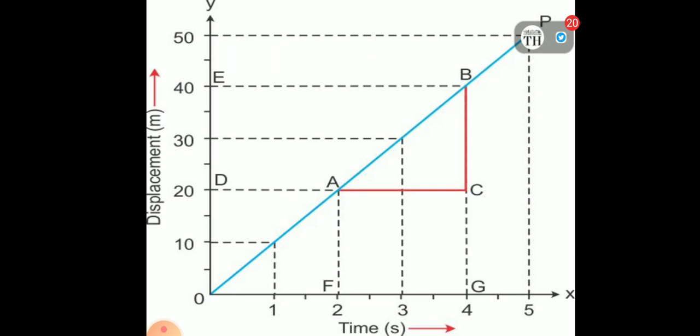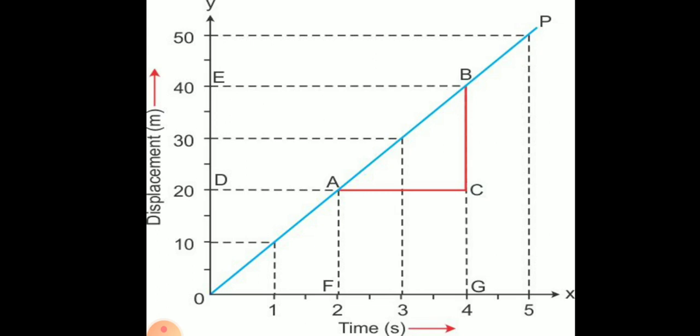So on the straight line, take two arbitrary points A and B. Using these two points, form a triangle. At point A, the triangle will give some angle.